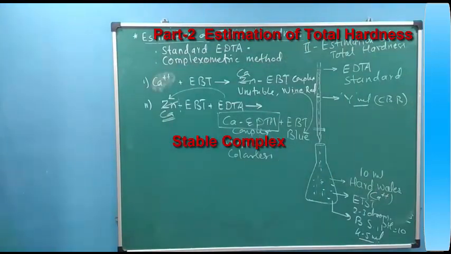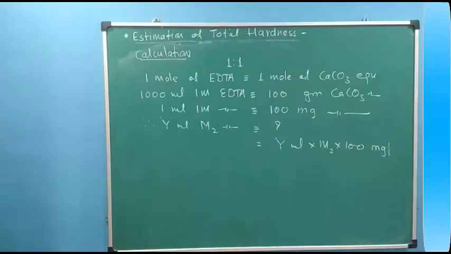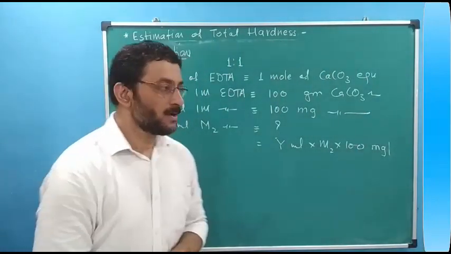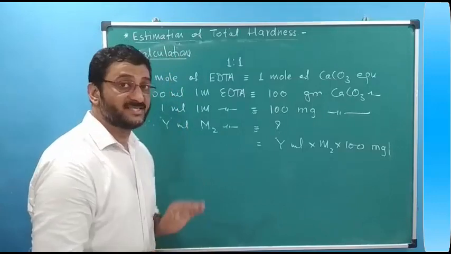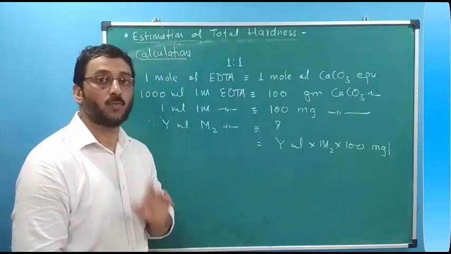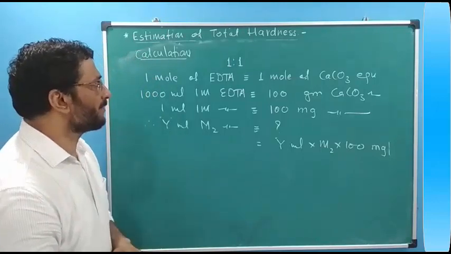Now let us go to the calculation part of the second part, estimation of hardness. We have noted the CBR for the second part, estimation of hardness, that is Y ml. Now see the calculation part.